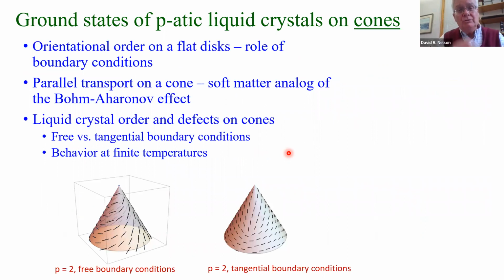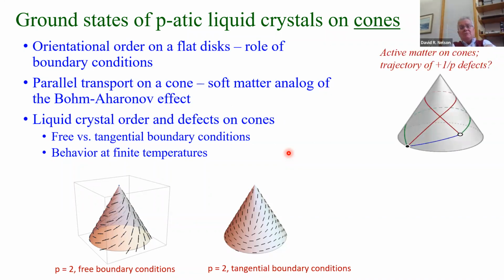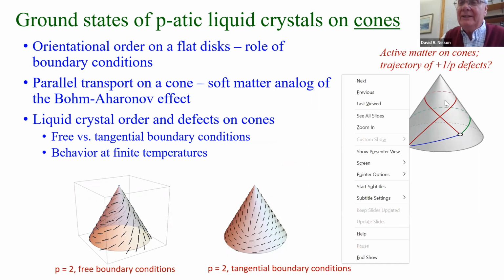So I'll conclude with a summary here. As I said, this is work mostly done by Grace Zhang and Farzan Fafa. And I've told you about the analogy with Bohm-Aronoff. Some questions besides the finite temperature stuff that we want to look at in the future: what happens if you put active matter on the cones? What happens to those +1/2 defects?